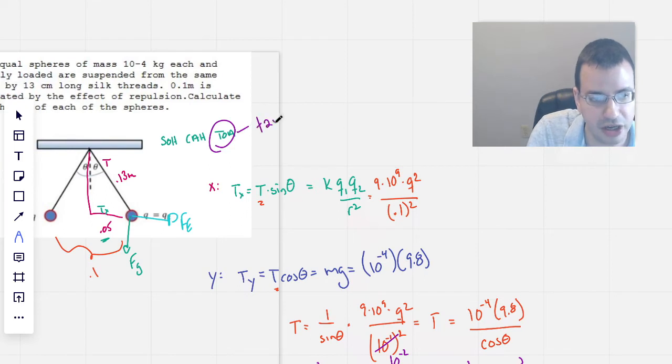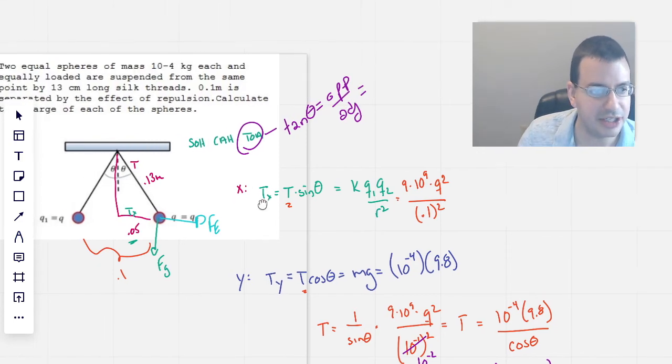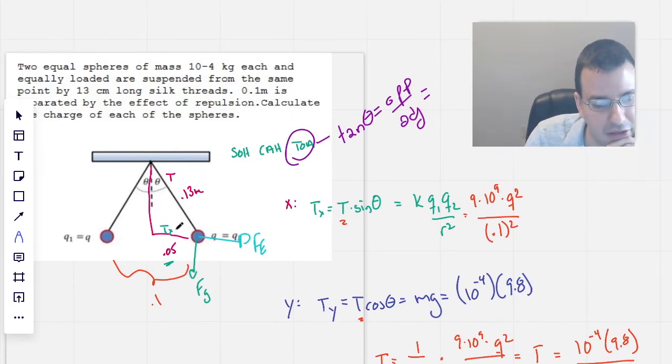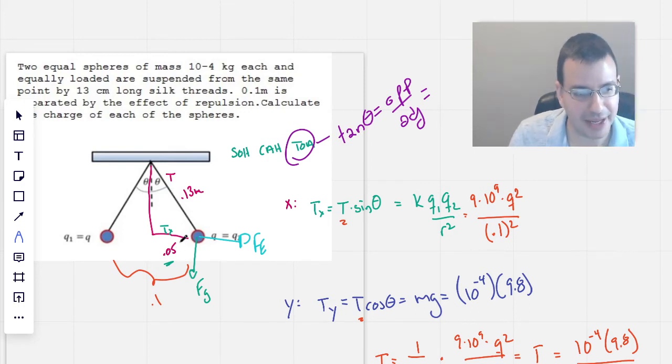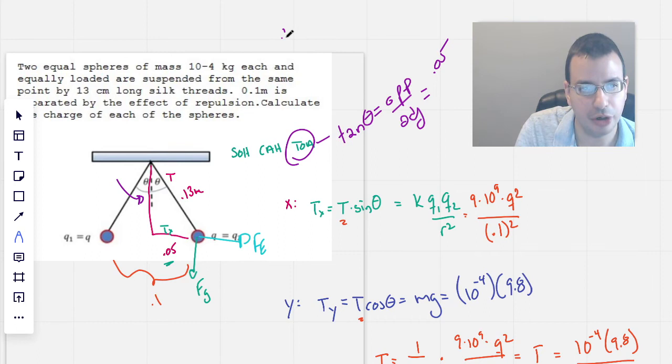So tangent of theta, SOHCAHTOA, opposite over adjacent. So opposite is going to be 0.05, and adjacent is going to be that right there, which is going to be 0.13 squared minus 0.05 squared, square rooted, because a squared plus b squared equals c squared.